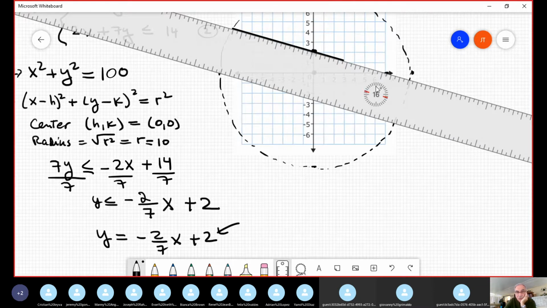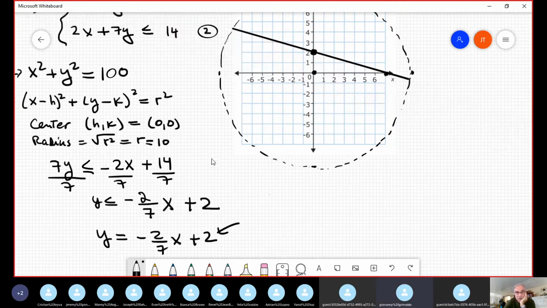And what part do I shade, below or above? Below, since y is less than. So, conclusion: the solution is inside the circle and below the line, that part.